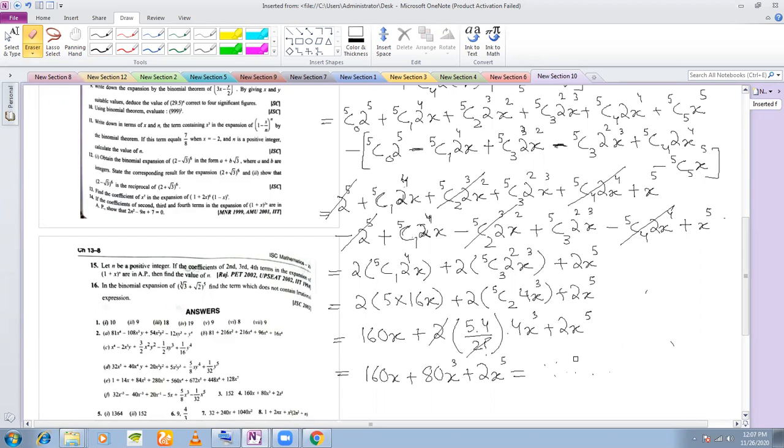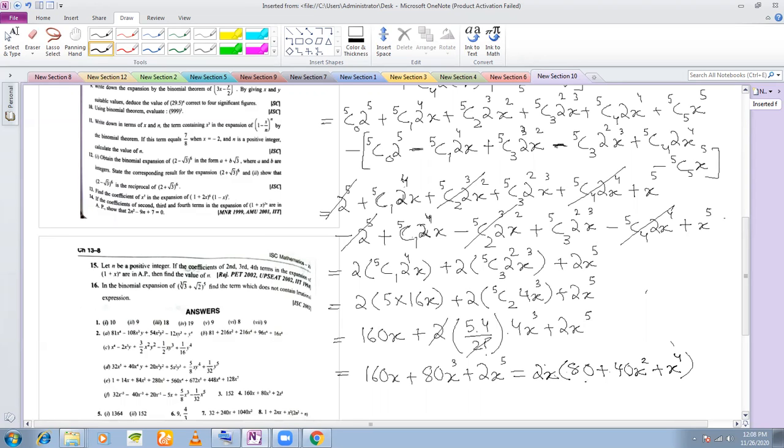So 2x I take common, I get 80 plus 40x square plus x to the power of 4. That's it. This is in ascending powers of x because see this, the powers of x continuously increase. Okay, so this is how you expand using the binomial theorem and you simplify.